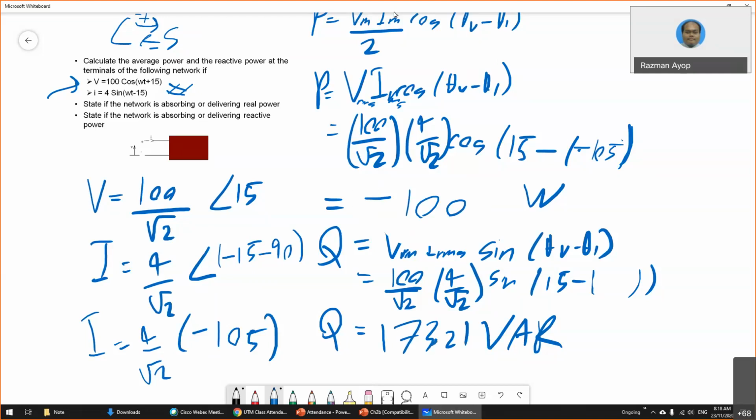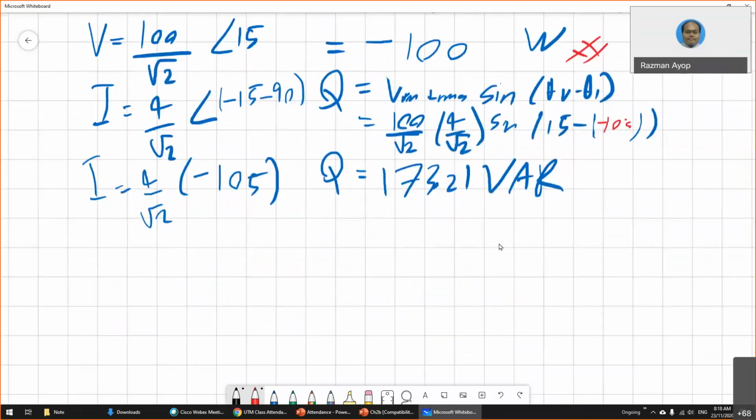So you can see here the power is negative. Negative power means that the power is delivered. And for Q, the reactive power, because it is a positive value, the power is absorbed. So be careful when you define this. So this is the first way to do this.